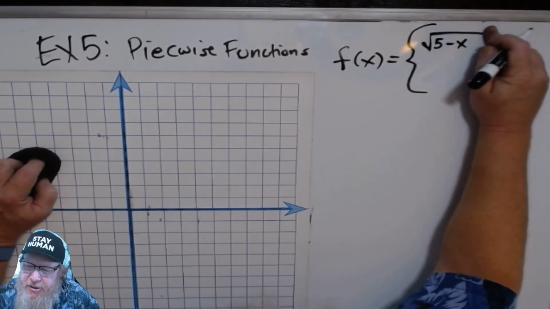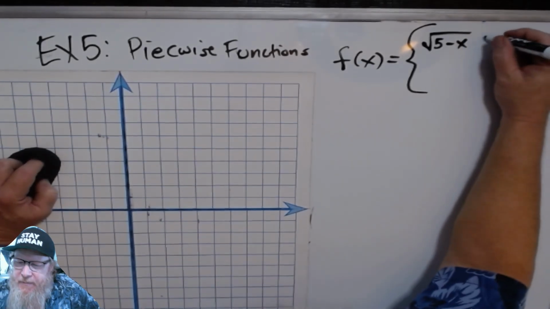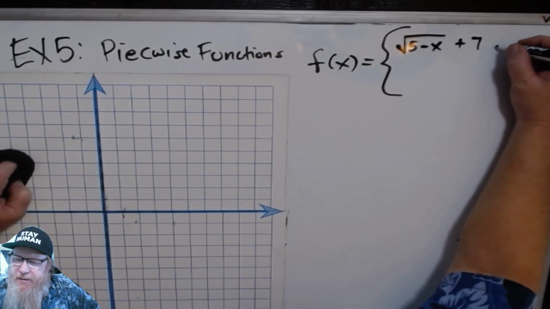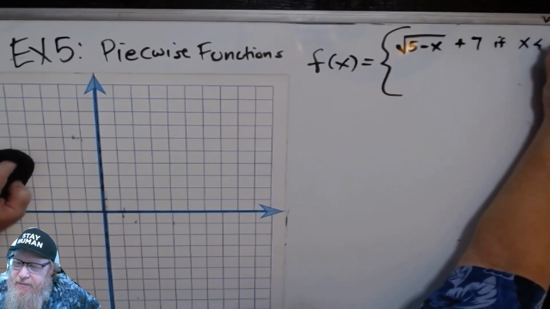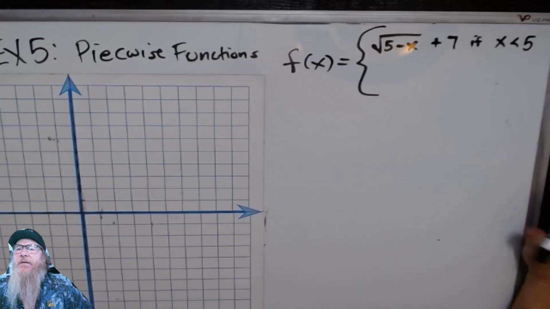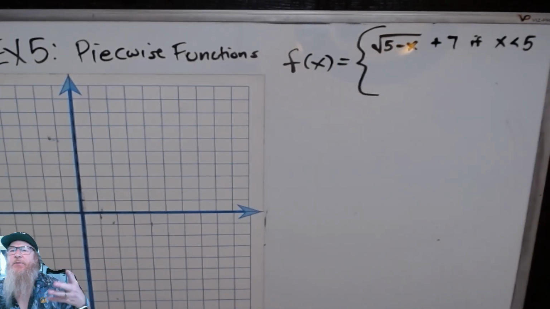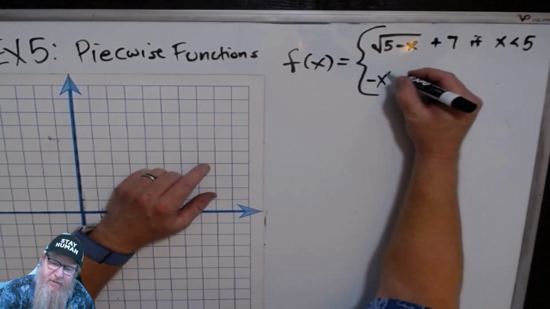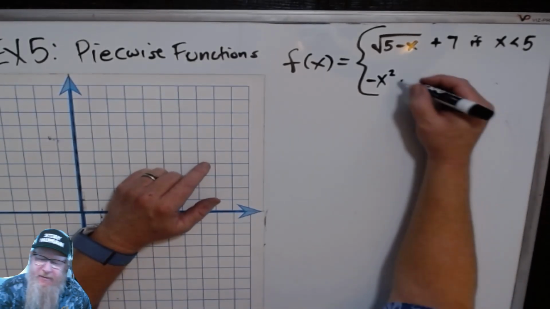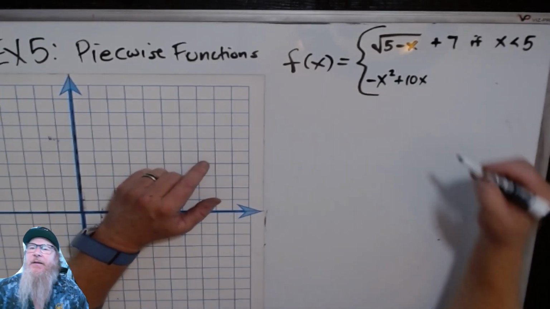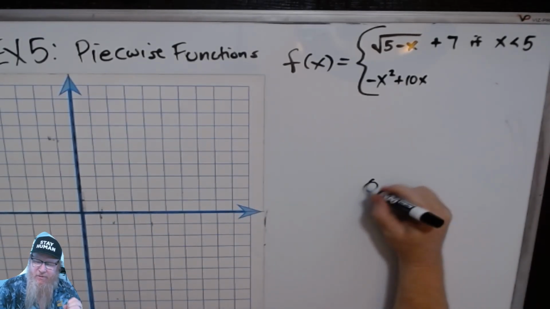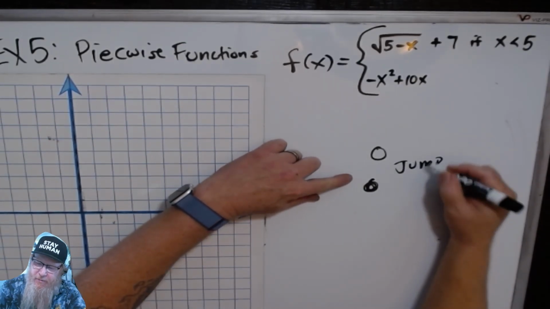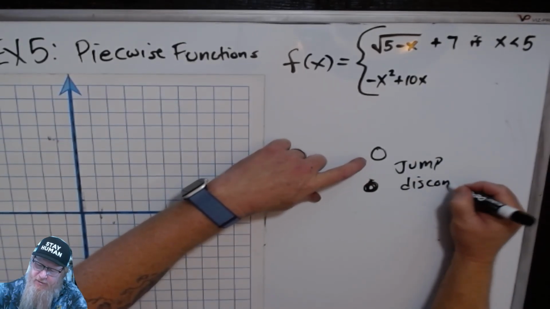Just like in the previous chapter, with a piecewise function, we're looking at the two different pieces and we want to see if there's a jump. If there is a jump, a jump usually means there's a hole and a dot and there's a gap between them. We call that a jump, or a jump discontinuity.